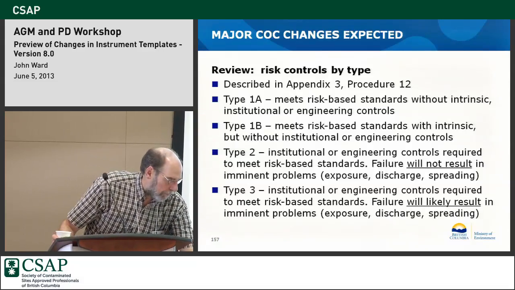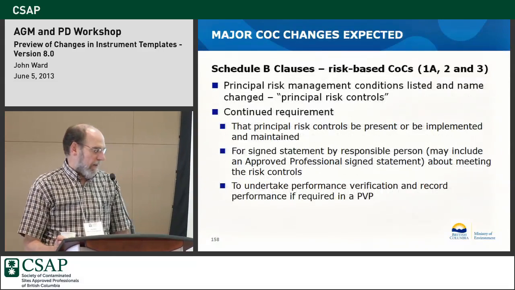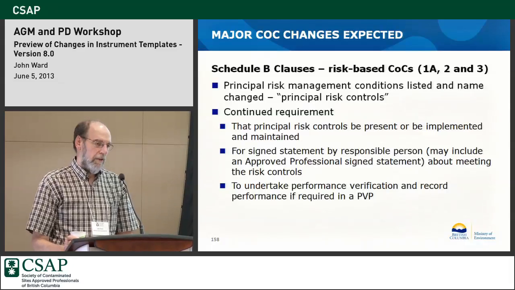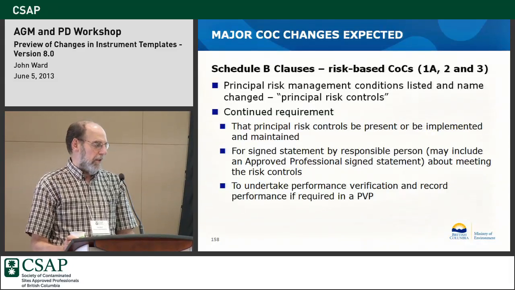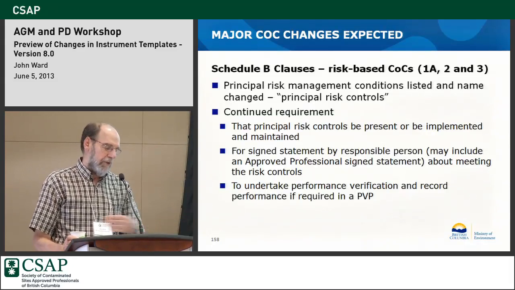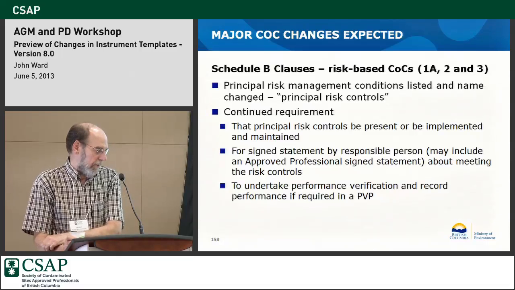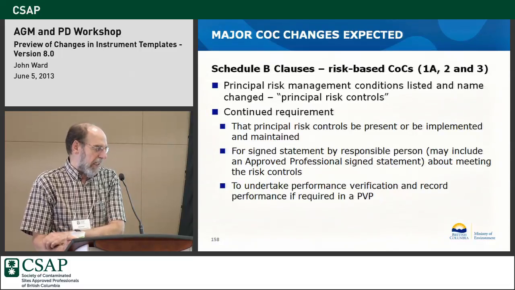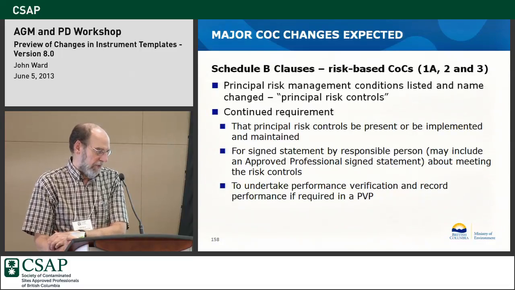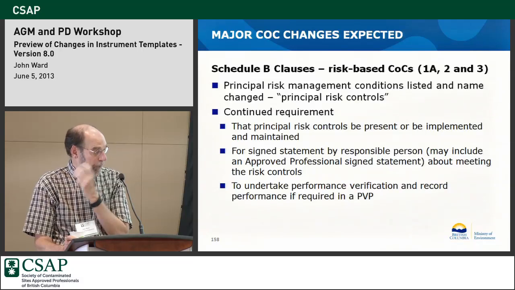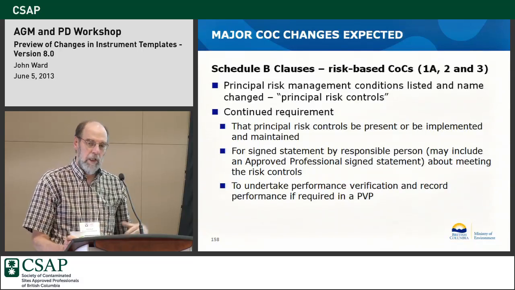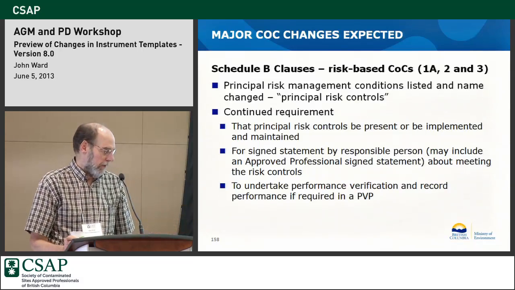So we've got some conditions that are now used in Schedule B, for various types of these scenarios. So we've renamed the principal risk controls. Principal risk management conditions are now out the door, that terminology.